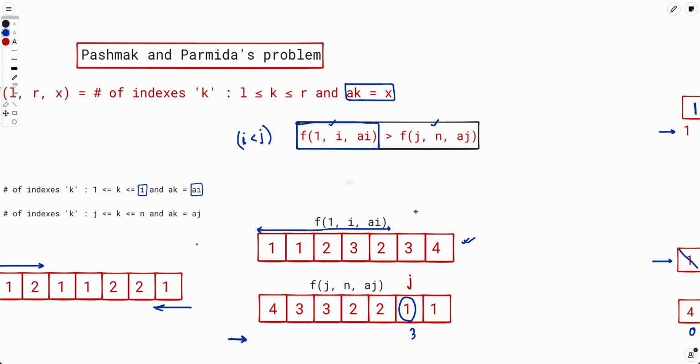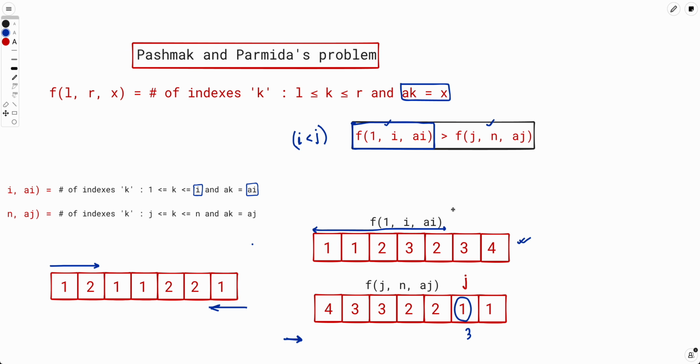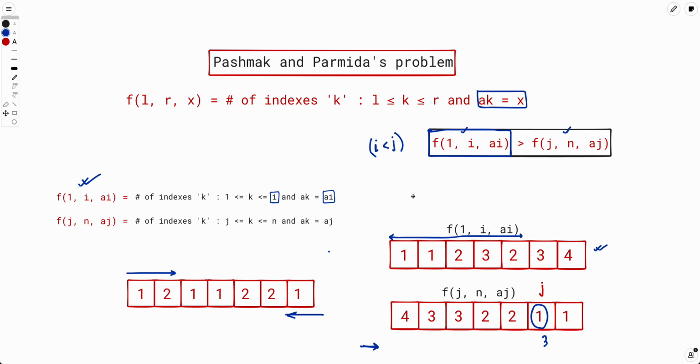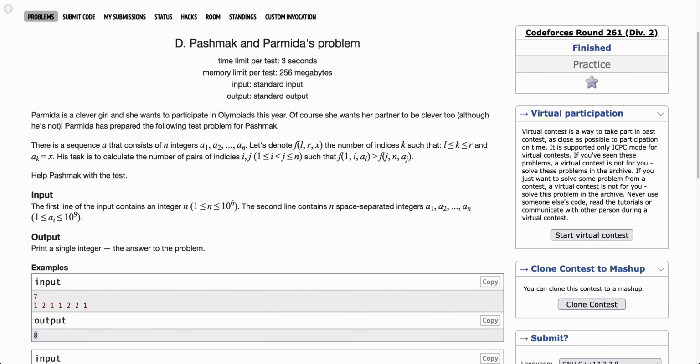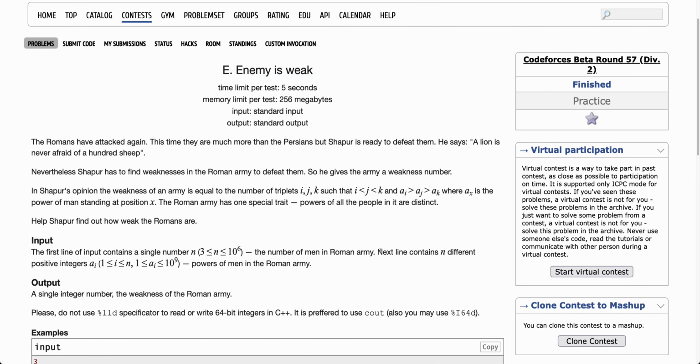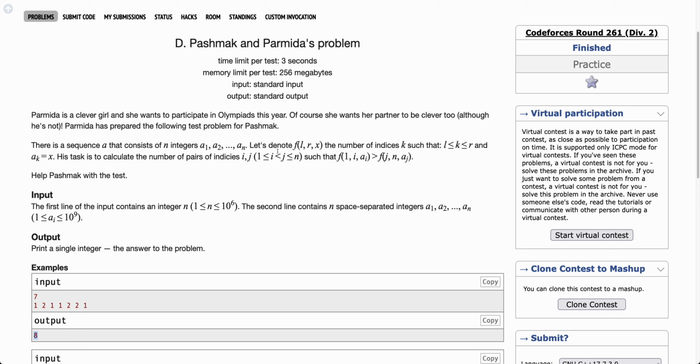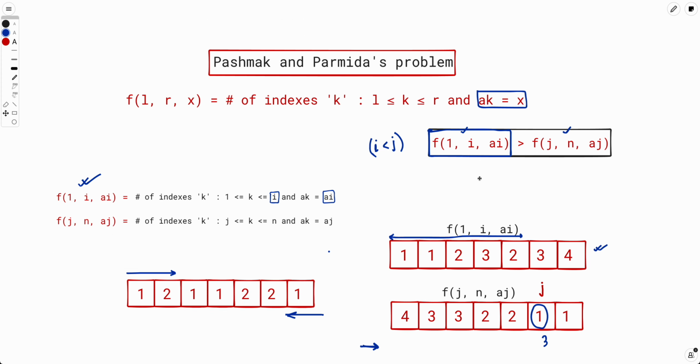The only thing that was different in this particular problem than the previous problem, enemy in weak, was that in enemy in weak they have explicitly said that all the values will be different, but here, when we have calculated this fi minus ai and fj minus aj, we found out that there can be duplicates.